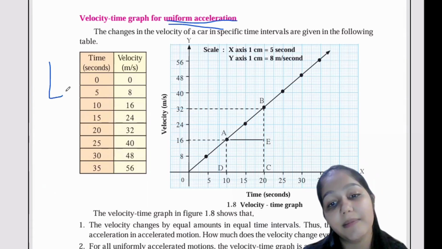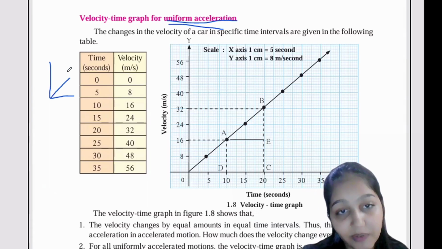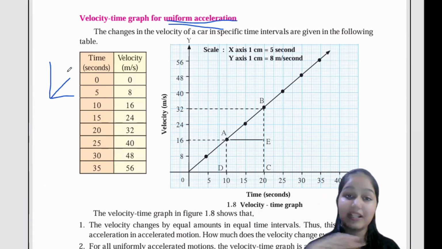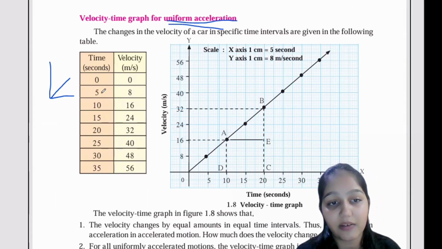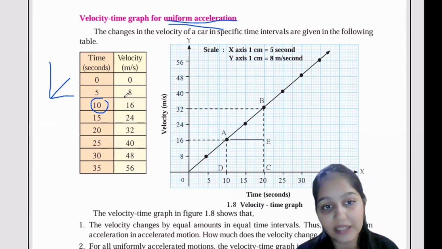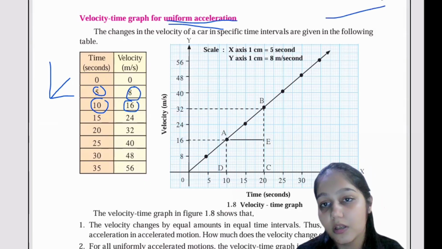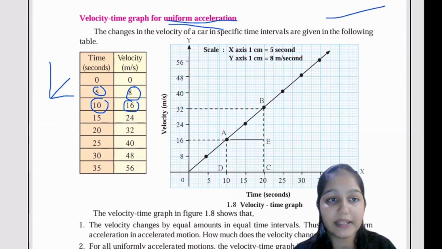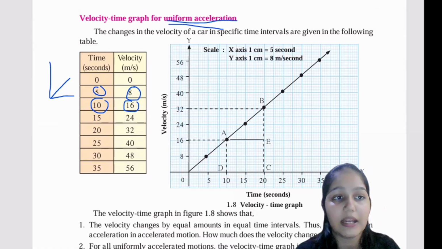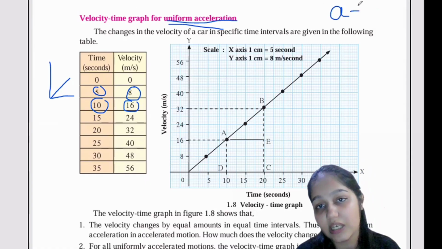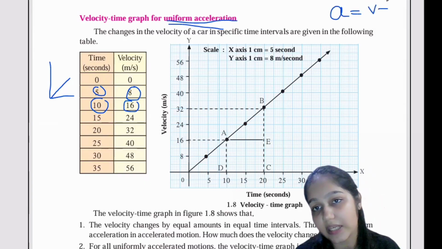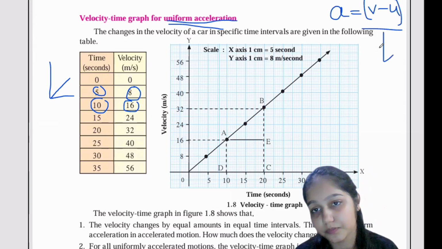So the velocity time graph with uniform acceleration means the acceleration is not changing. Let me give you a small understanding here. Let me take 10 and 16 and 5 and 8. If you understand by this, what is the formula? Acceleration equals v minus u upon t.